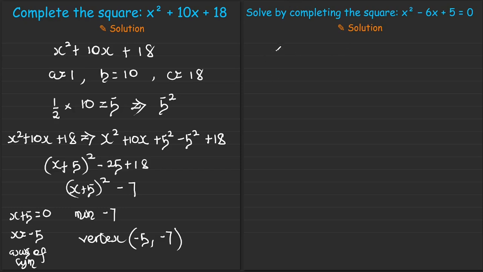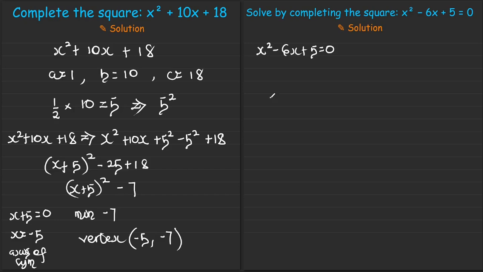For this particular one, we have x squared minus 6x plus 5 equal to 0. We check the coefficient. This coefficient is 1, so we can move right away. The a is 1, b is negative 6, and c is 5.